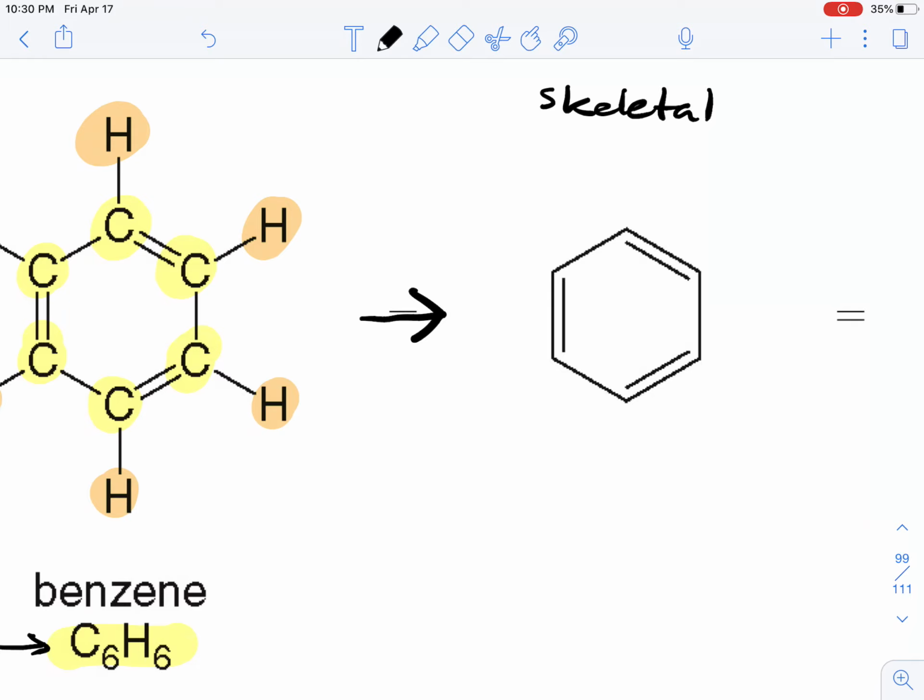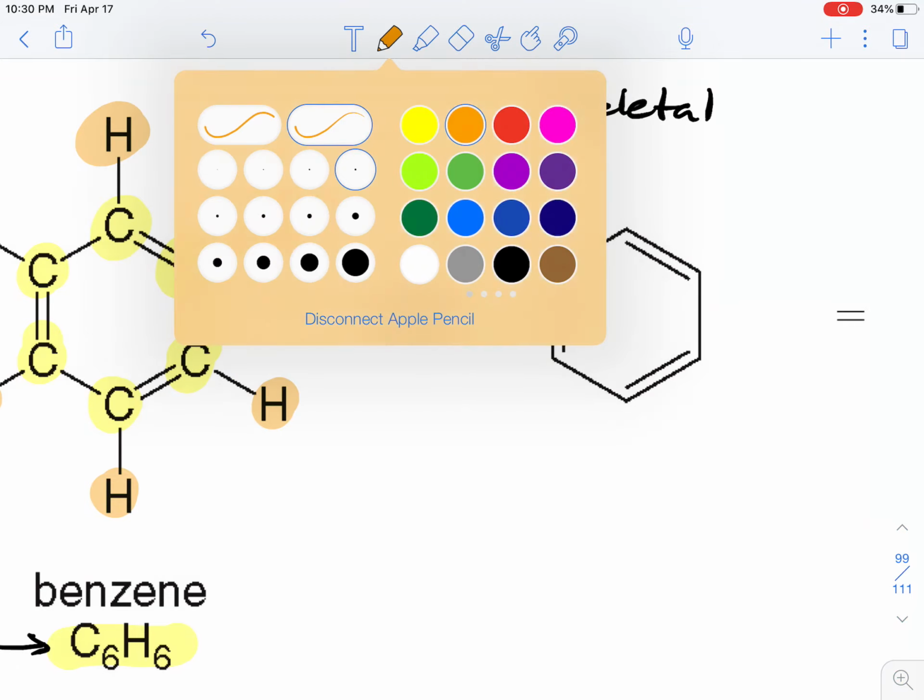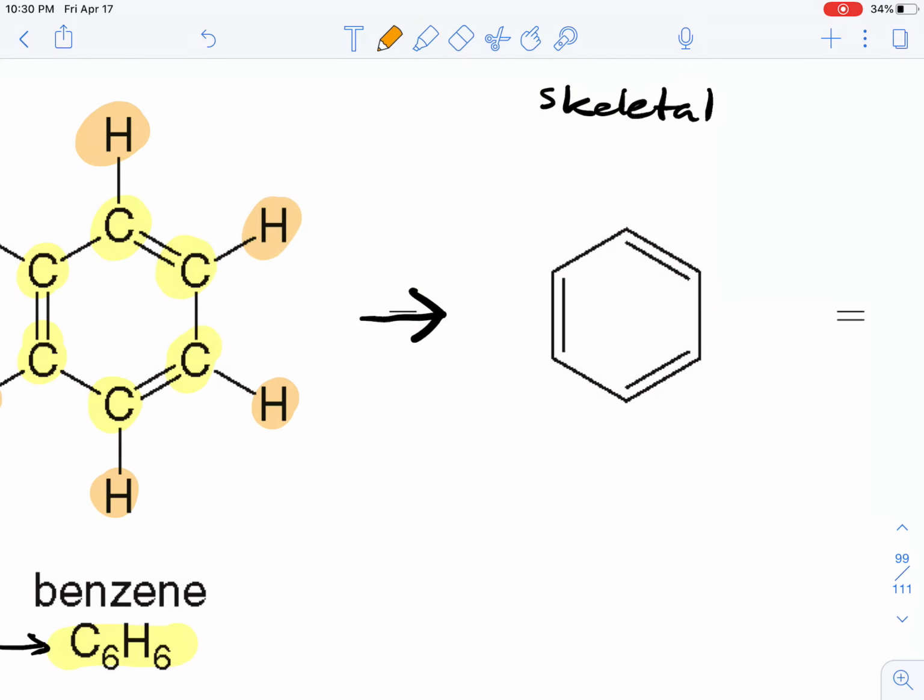Now, the really cool thing about aromatic compounds is that they have this characteristic feature to them. It's called conjugation, specifically conjugation of the bonding pattern. So here we have a double bond. And then if we go to the right or left of it, then it's going to be a single bond.